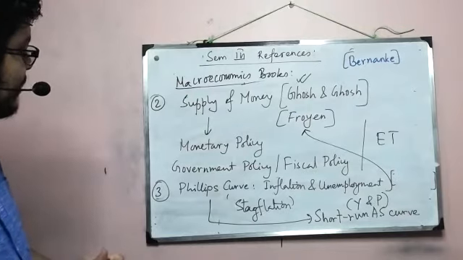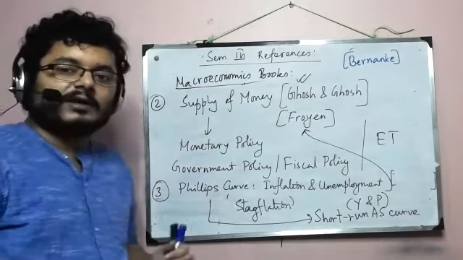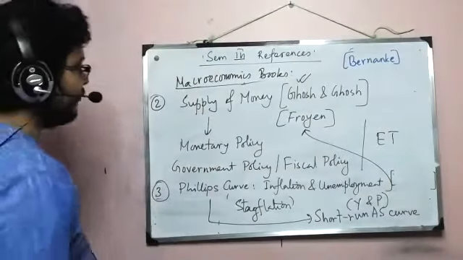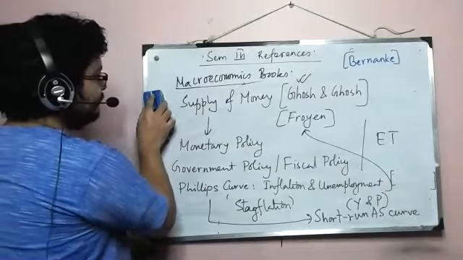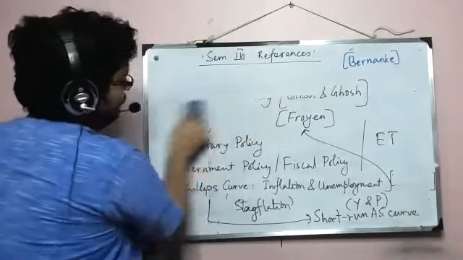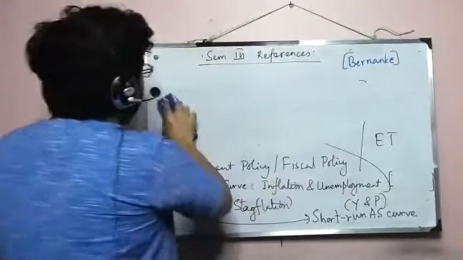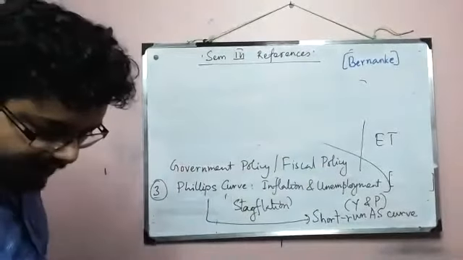Okay. So this is what we have. Now we will have a general discussion on the books. So going in the same manner, I will first talk about the basic books.